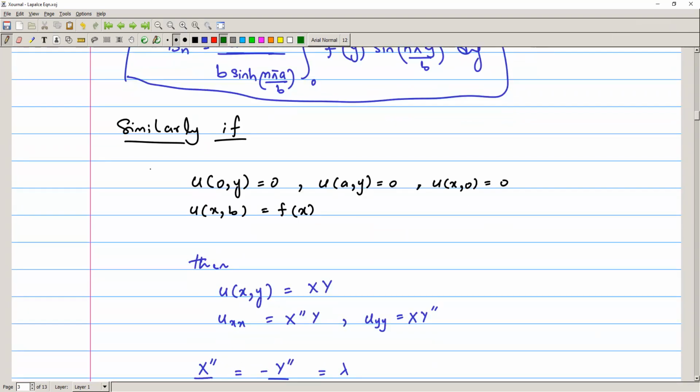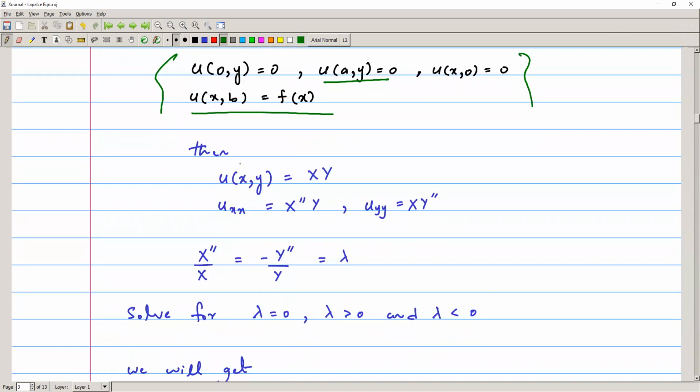Similarly, if we are given these boundary conditions, now here we have a function of x at u of x comma b. In the previous example, we had u of a comma y as a function of y, but now we have u of x comma b as a function of x. So similarly, we will solve the problem by using the separation of variables in this manner.